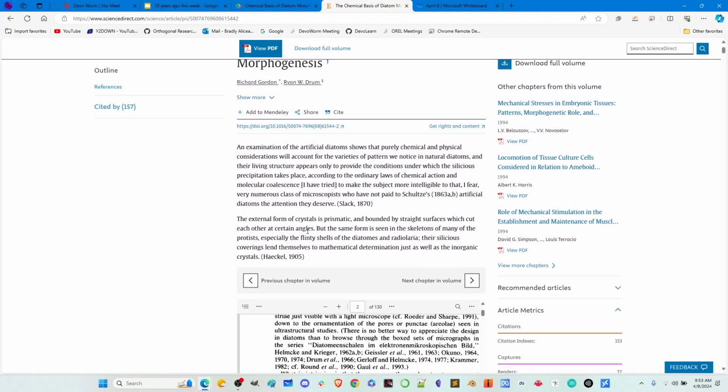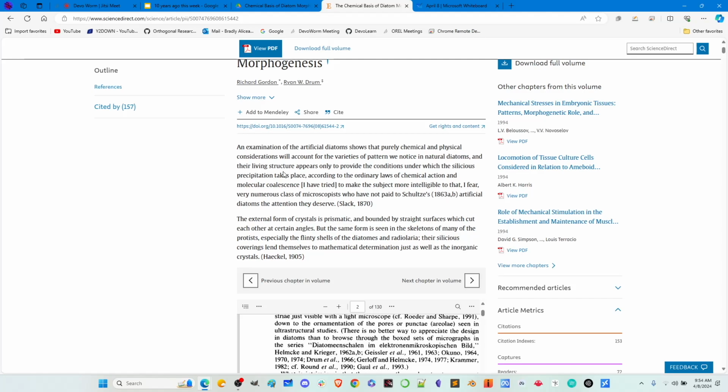So this is just to talk about this abstract. An examination of the artificial diatoms shows that purely chemical and physical considerations will account for the varieties of pattern we notice in natural diatoms. And their living structure appears only to provide the conditions under which this siliceous precipitation takes place. So they're silicate organisms. They have this precipitation that contributes to the growth of the cells and the shells.